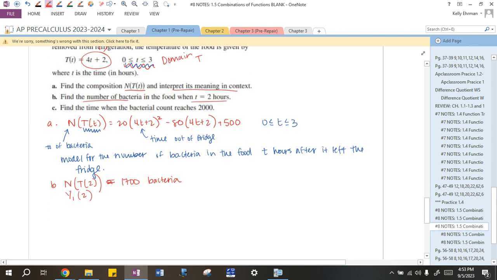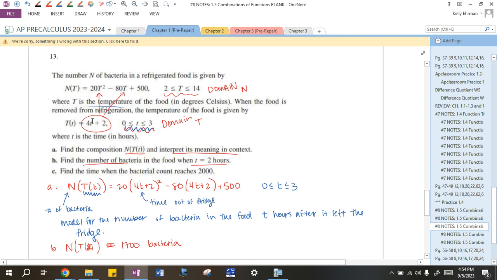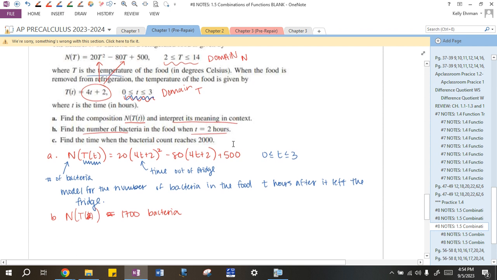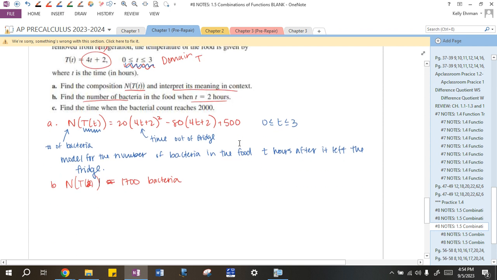And I said N of T of 2, which is the same as not saying N of 2. That is like if you plug in 2, what do you get for temperature? You get 10 degrees Celsius, so that would be plugging in N of 10. So anyway, N of T of 2.